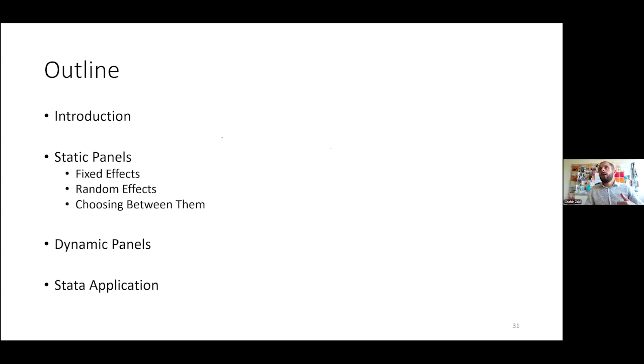But for macro data, when you have country-level data with 30 or 40 years, you have more freedom to lose one year. If you lose one year from your micro data set, it's a huge loss. That's why the dynamic panel is much more used in macro applications than micro applications.